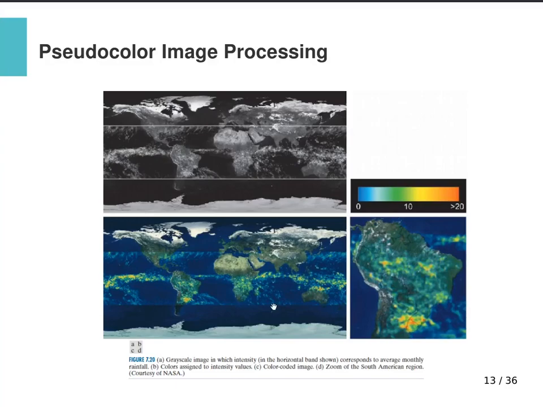The one on the bottom is the pseudocolor image produced based on this color map. And as you can see, when you compare this image with the one above, you're able to better visualize the amount of rainfall as opposed to if you only had a grayscale value. But pseudocolor image processing is only a small part of color image processing.